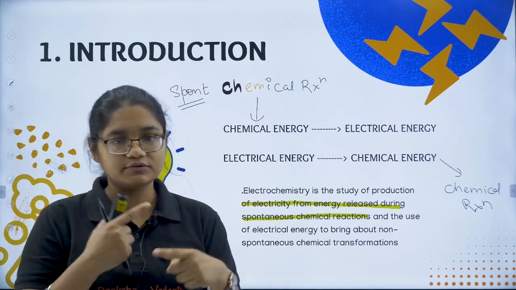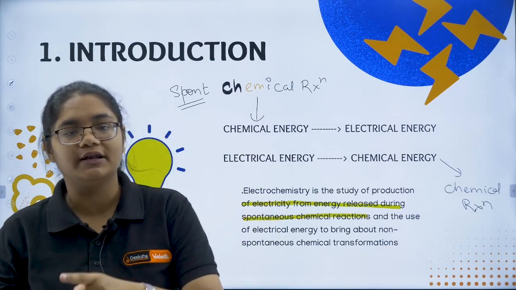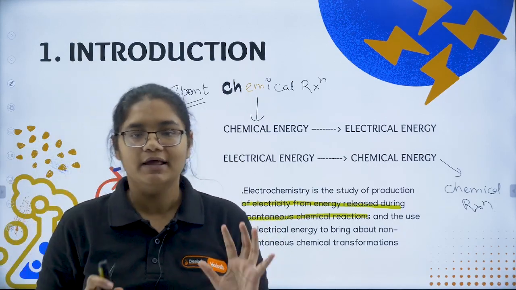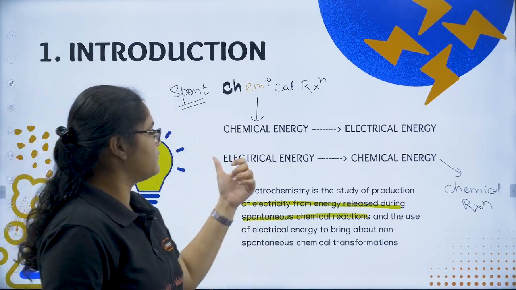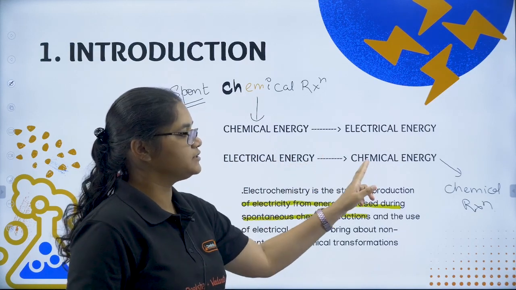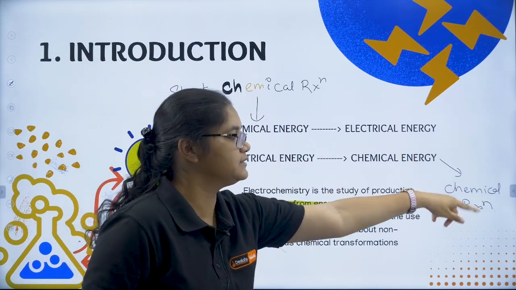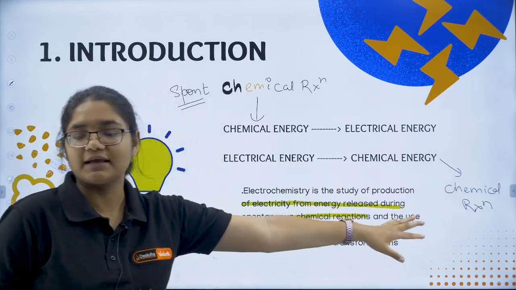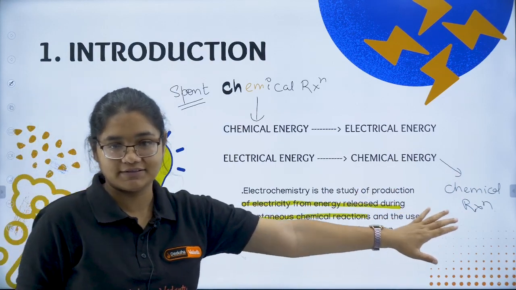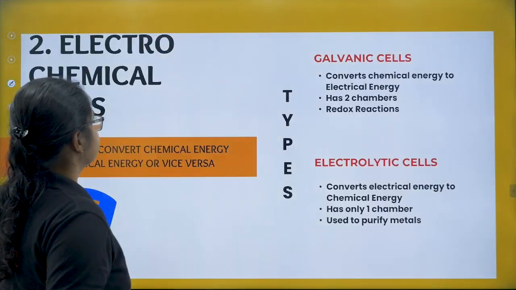So you can use chemical energy to electrical energy to chemical energy. Now when you are giving this electrical energy, chemical energy is produced and that will be driving certain chemical reactions. These chemical reactions are non-spontaneous, fine.